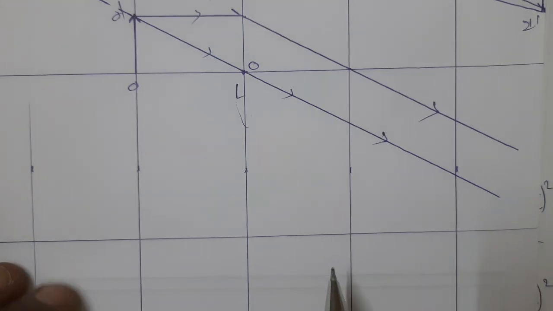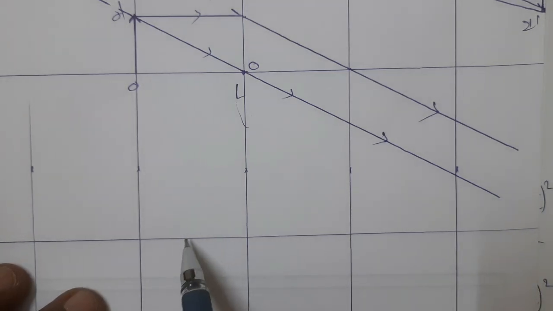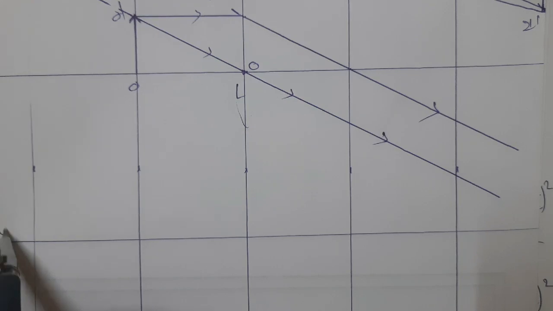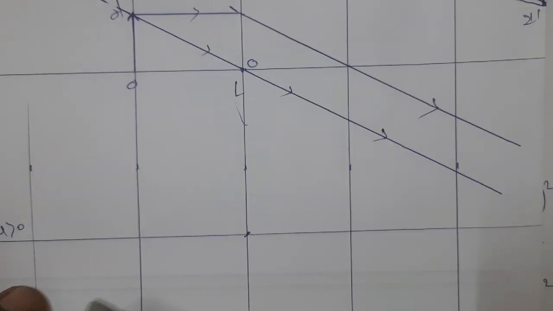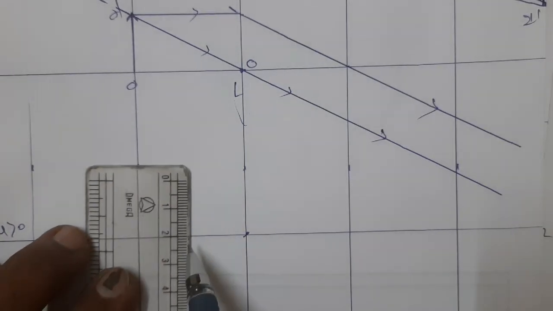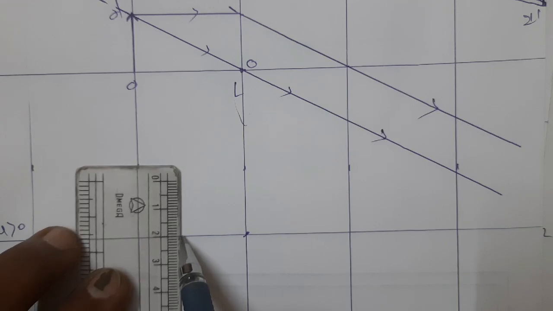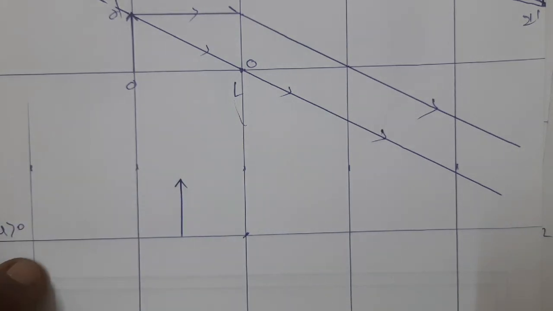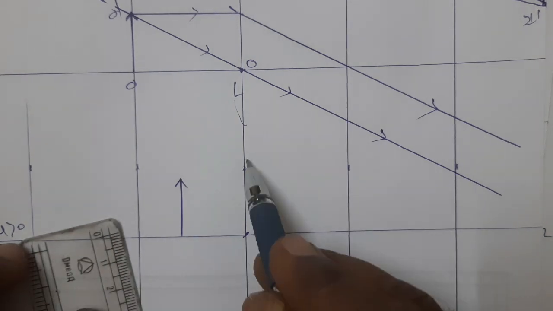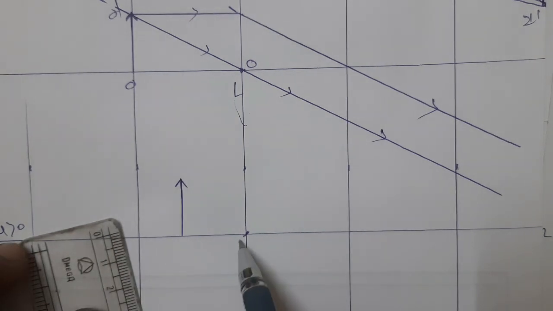Now in the last case I can treat the object to be in between F and pole, that is O. This is pole, the distance is 0. Therefore, I will have to keep the object in between F and O, that is pole of the lens. Again, this is the lens, therefore this is the pole.